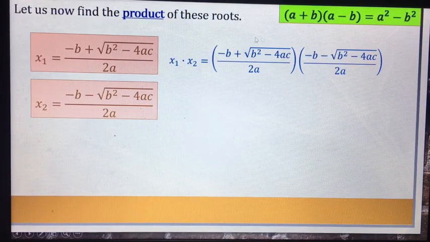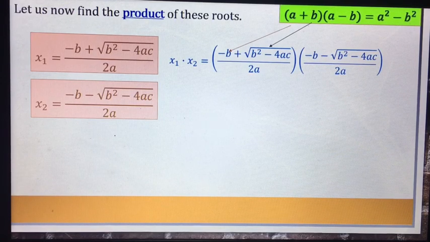When they are in this form, the negative b represents the first term, a, and the square root of b squared minus 4ac represents the second term, b.